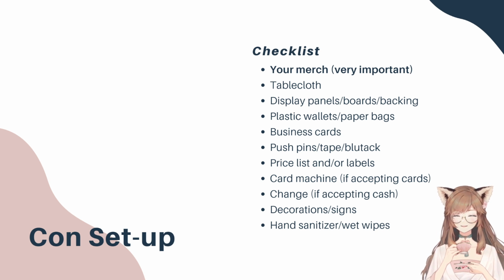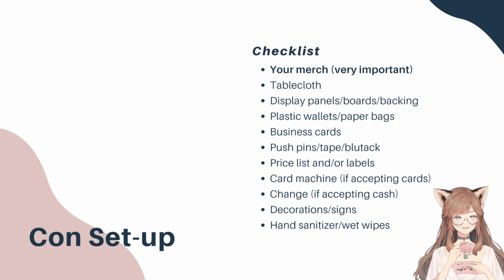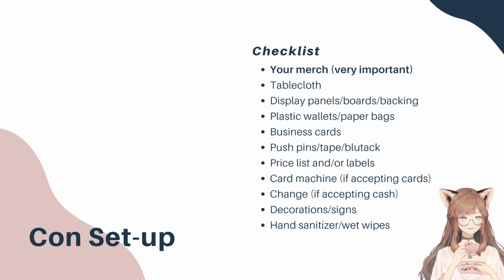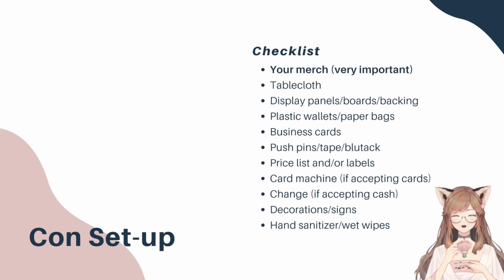The reason that I did that was because I wanted to use the same sign for both European and UK cons. So I didn't want to put a currency symbol because then it wouldn't make sense in the other country. But I thought that was a mistake. So for the next con, I decided to just put currency symbols.